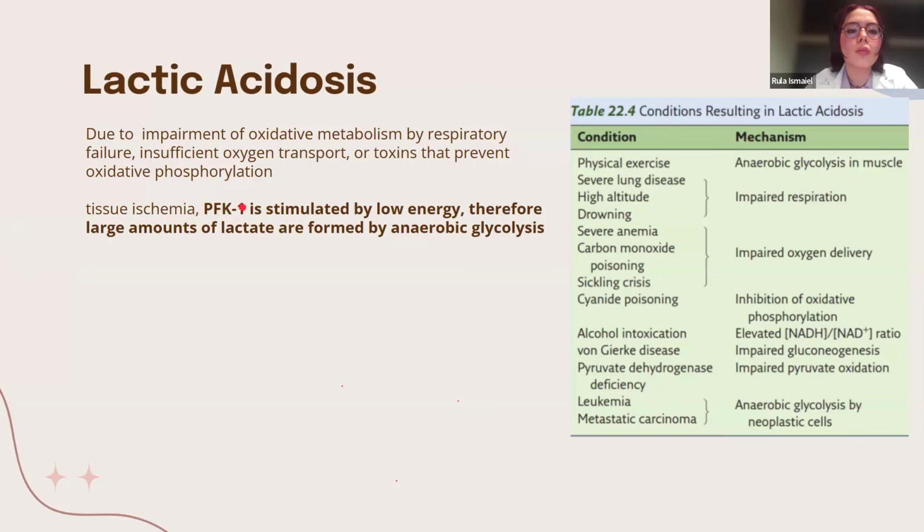In tissue ischemia, PFK1 is stimulated by low energy. Therefore, large amounts of lactate are formed by anaerobic glycolysis. PFK1, which we mentioned before, makes fructose 1,6-bisphosphate. PFK1 realizes that there's little to no energy, so it's like, okay, I need to make energy.